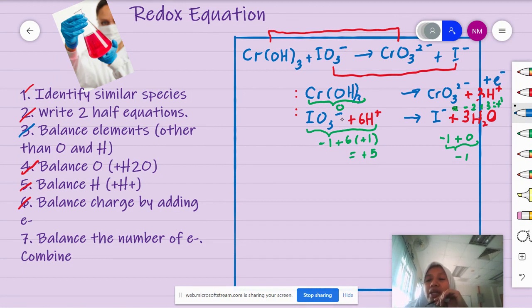So +1, -1, then you get 0 here. What about this side? This side is +5 and this side is -1. How do we make 5 become -1? -6. So -6 is just plus 6 electrons.